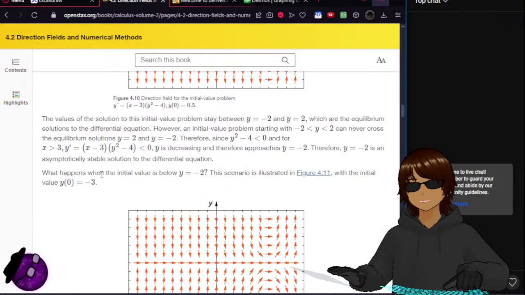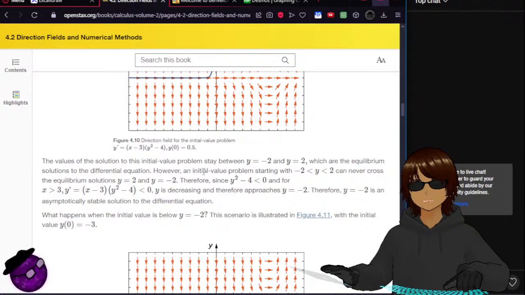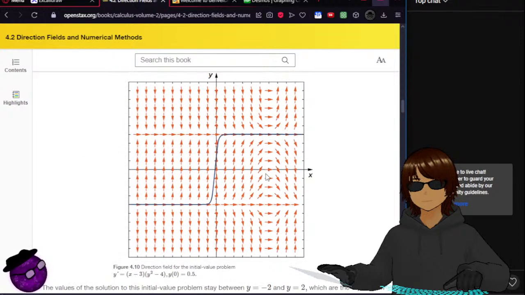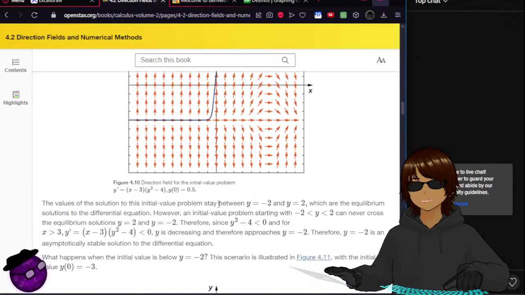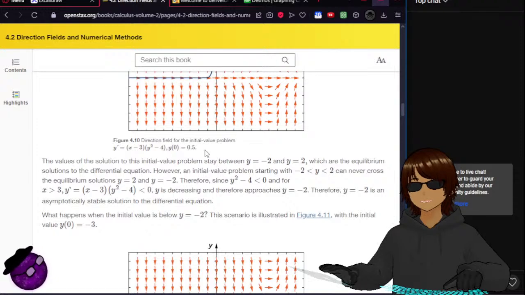What happens when the initial value is below? Wait, hold on. So if the line is between -2 and 2, it's never going to cross this barrier, right? It's never going to cross y is equal to -2 and y is equal to 2.